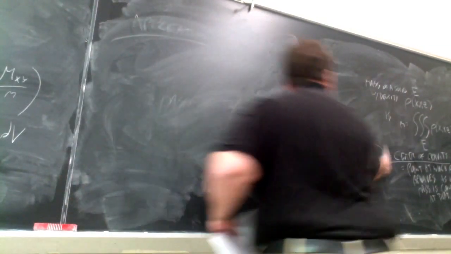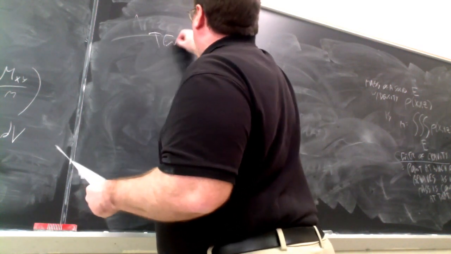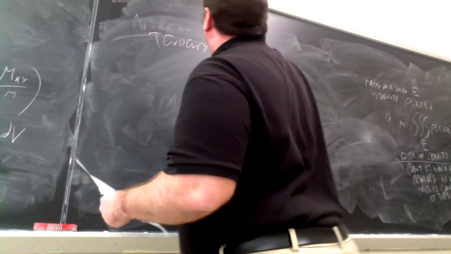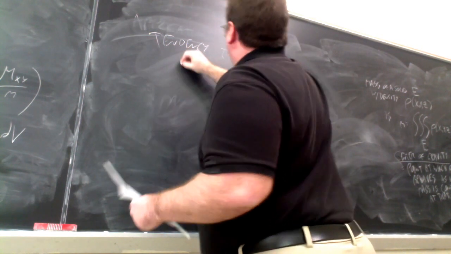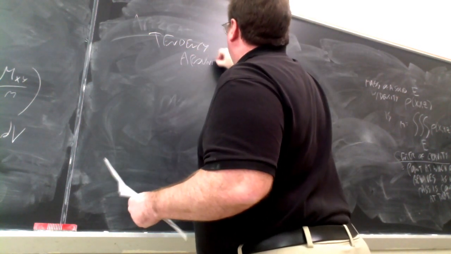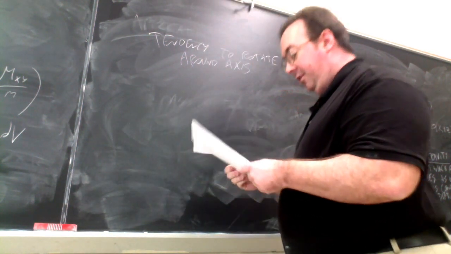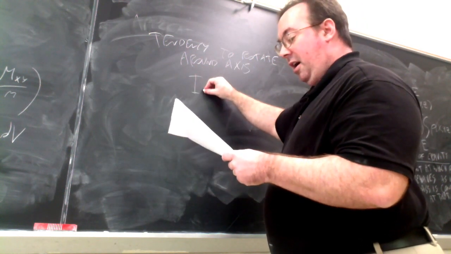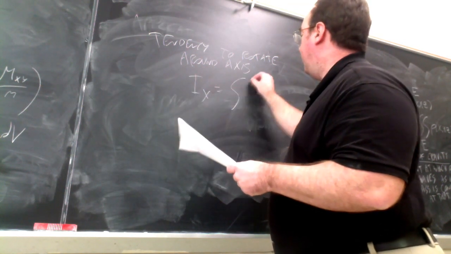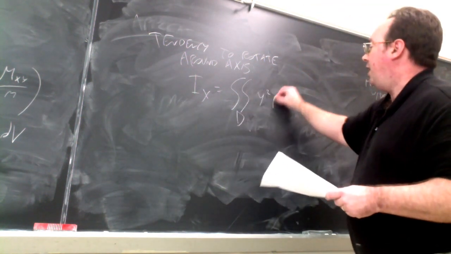So for the indication of a tendency to rotate around an axis. So for example, I_x would be the integral over a two-dimensional shape of y squared times the density.